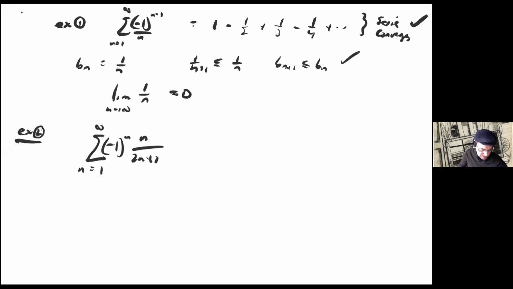Okay, so b sub n here is n over 2n plus 1. And so the first condition is we need to know whether n over 2n plus 1 is decreasing or non-increasing.